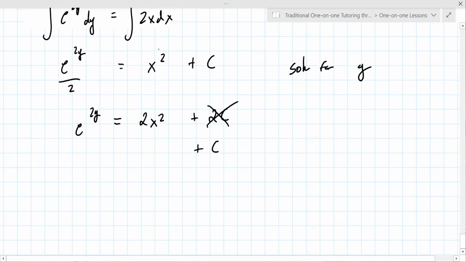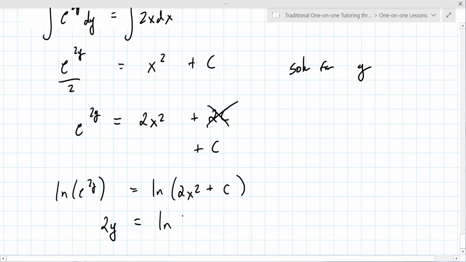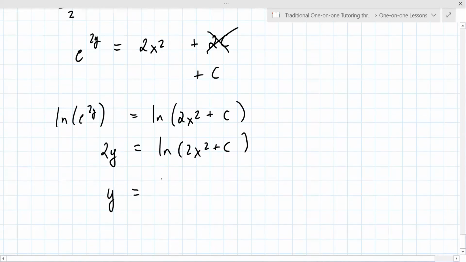If you did get an initial value, you'd want to solve it back up here. Take the natural log of both sides. So you get 2y equals natural log of 2x squared plus c, and then divide by 2. So y equals 1/2 natural log of 2x squared plus c.